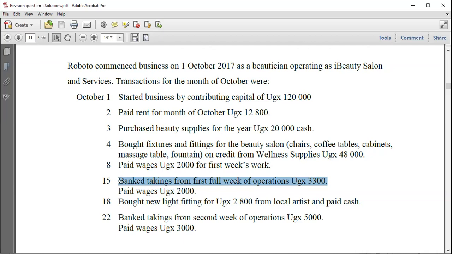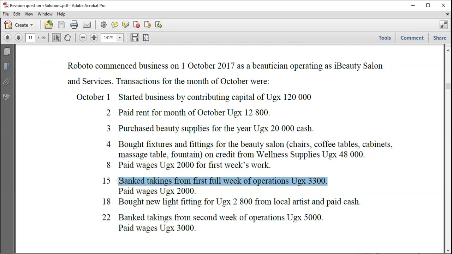is that before we even look at the contra entries, these takings are like collections. So these are like income. It's like revenue to the company. You get it? And since this is a beauty salon and services, it's revenue to them.